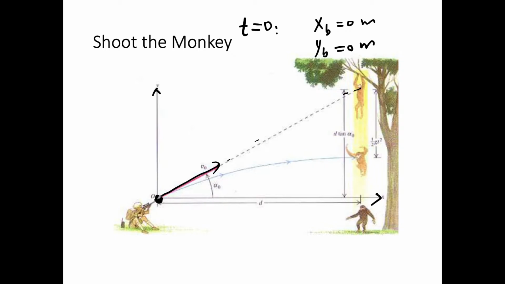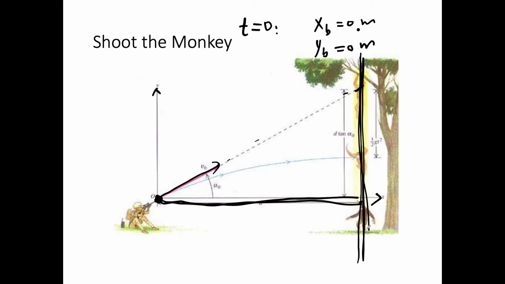Because the bullet is here, the x coordinate of the bullet is 0, and the y coordinate of the bullet is 0. Okay, now what's the position of the monkey? Let's call the horizontal distance from 0, and we draw a perpendicular line towards the monkey.